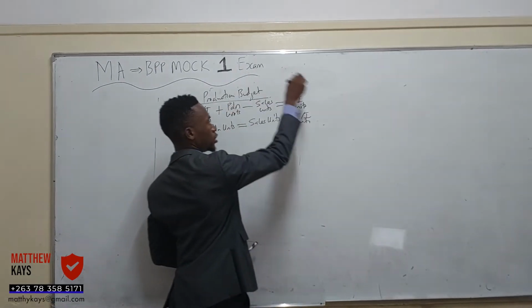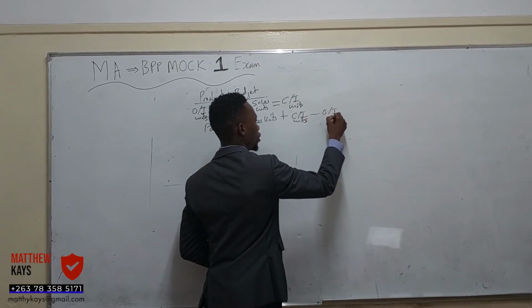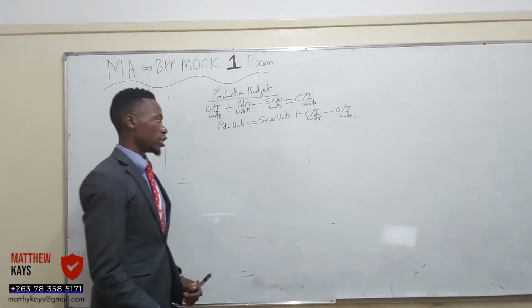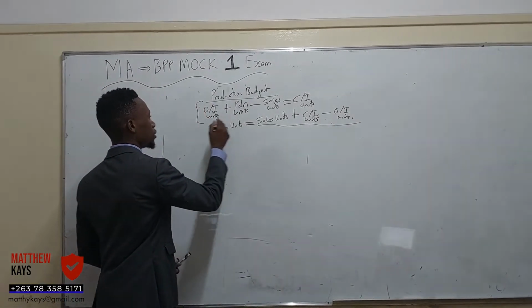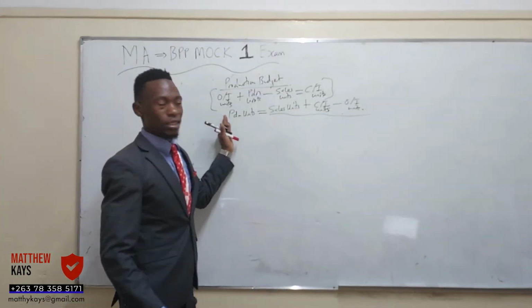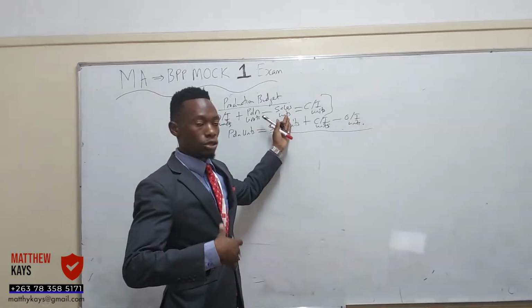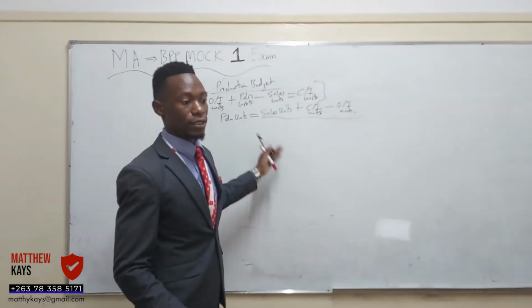Then this opening, if it goes to the right side, it will be negative, like this. So that's how you calculate the production units. Even if you don't remember this formula, go back to this equation and use common sense. Number of units that we had plus the number of units that we've produced, less those units sold, the balance that you get is closing. You calculate this as the balancing figure.